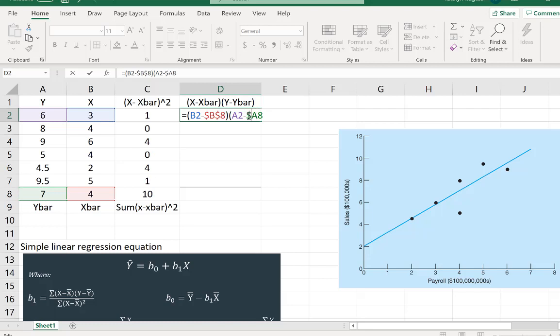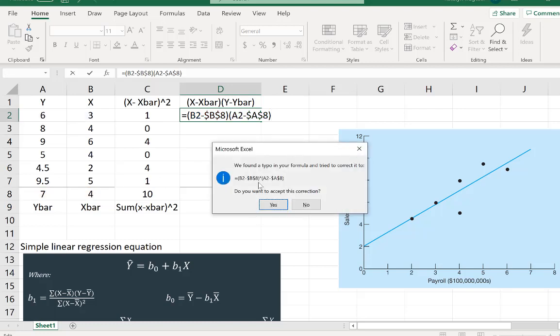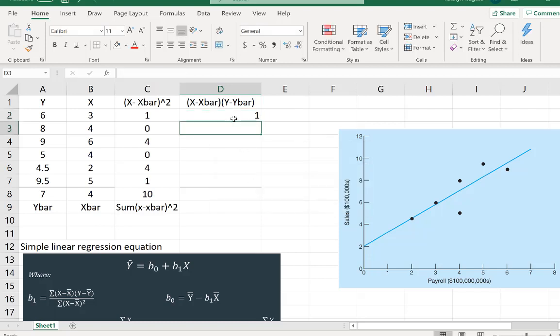You need a $ in front of both the A and the 8 because you're locking in the row and the column. Close parentheses, equals. It's telling me I have a typo. If I compare, I can see they've included the multiplication symbol between my two sets of parentheses. Yes, I want to accept this correction. So hit enter and we're good to go.